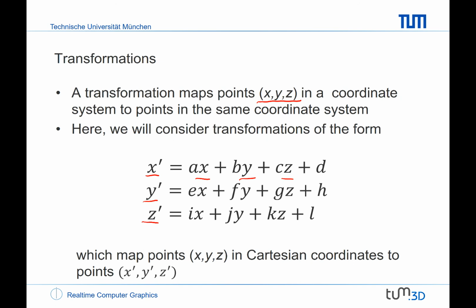And yeah, we now select these constants so that the appropriate transformation of the initial coordinates is performed. By doing so, we now take points x, y, z in Cartesian coordinates and map them to points x prime, y prime, and z prime, also in Cartesian coordinates.